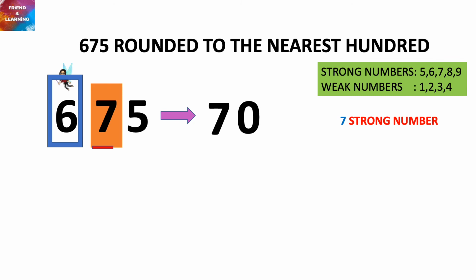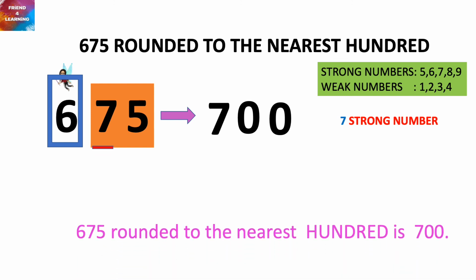And then the number which is in the ones place, that is 5, also becomes 0 in order to make the number to hundreds, right? So we got 700. 675 rounded to the nearest 100 is 700.